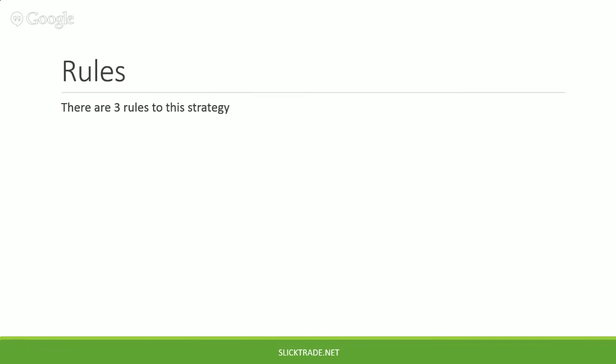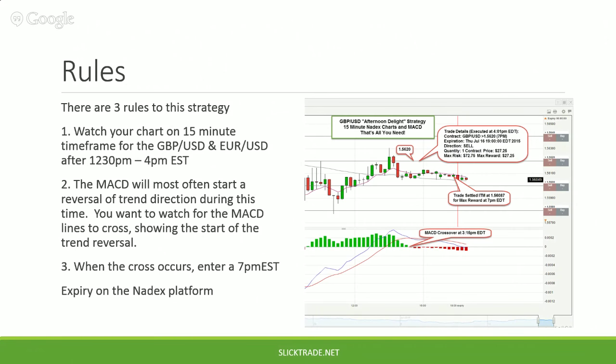The rules to this strategy. 1. Watch your chart on the 15-minute time frame for the GBP and the Euro USD after 12:30 p.m. You can watch it from 12:30 to 4 p.m. Eastern Standard Time.